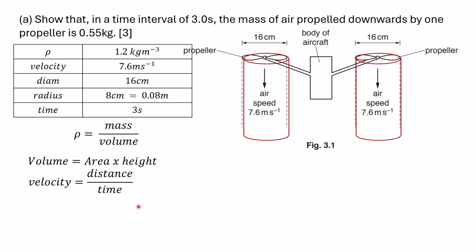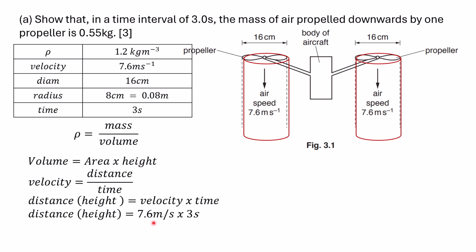So here the distance, or height, of this air column is given by the velocity times time. The velocity is 7.6 and the time is 3. So cancel second with second, and the height is 22.8 meters. Perfect.